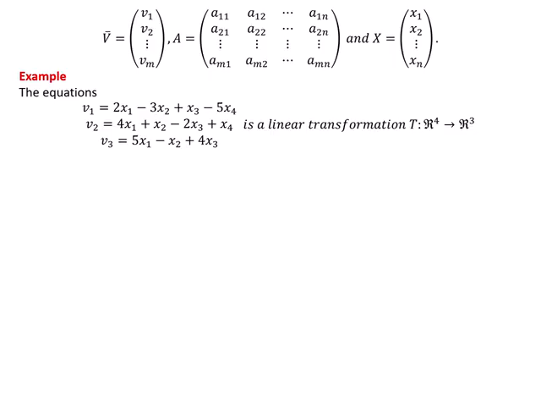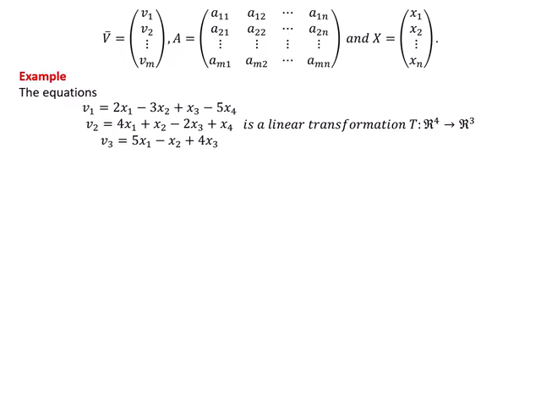This is a linear transformation T from R4 to R3, that is, real numbers of dimension 4 to real numbers of dimension 3.